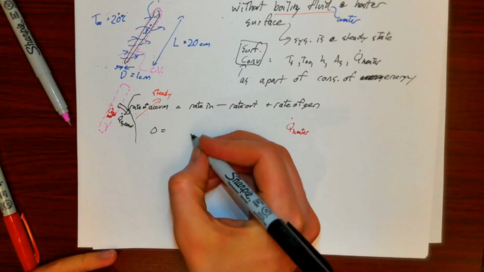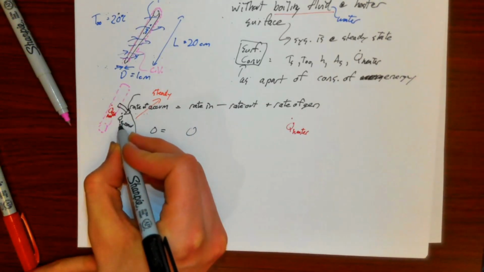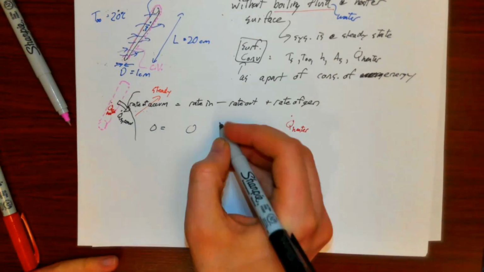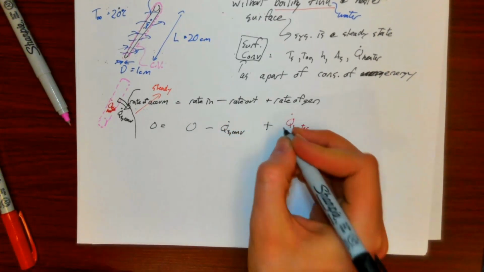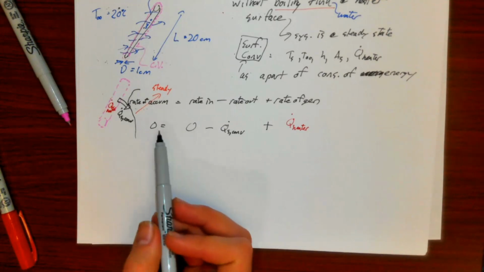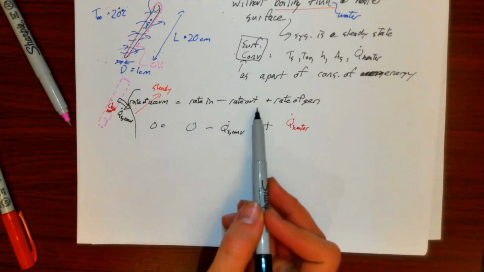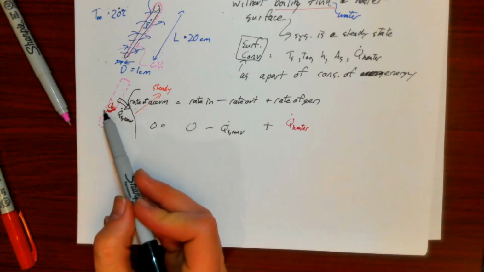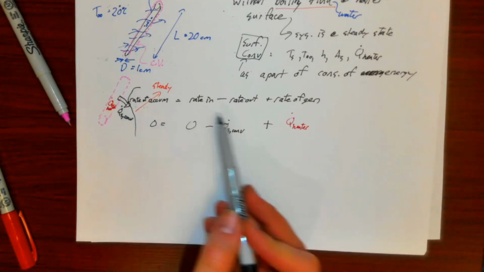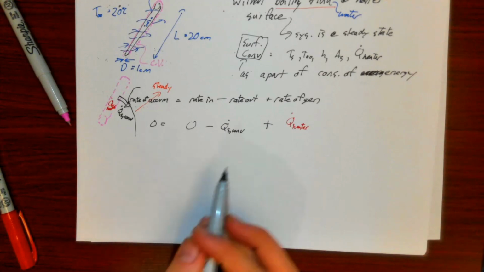I don't have any ins, but I do have Q dot surface convection as an out. And then I have Q dot heater. So basically, what's going on here? I have no accumulation, no ins. My rate out is this convection, and my rate of generation is what's going on inside the control volume, which is Q dot from the heater.